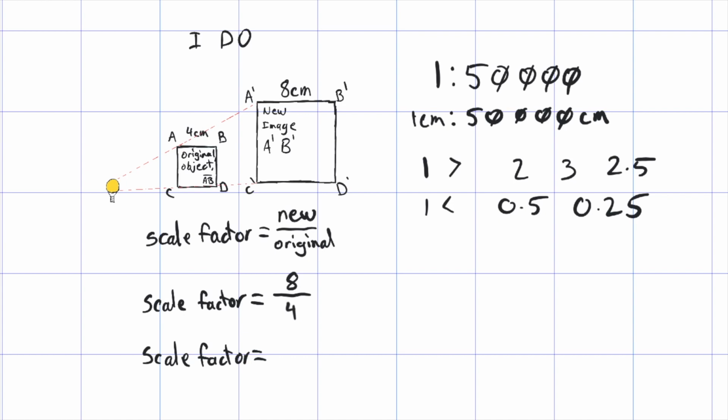So my scale factor, when I do 8 divided by 4, well, that's 2. Now, if I've done this right, every single line on that original shape should be multiplied by 2 to get the value of the corresponding side on the new shape.